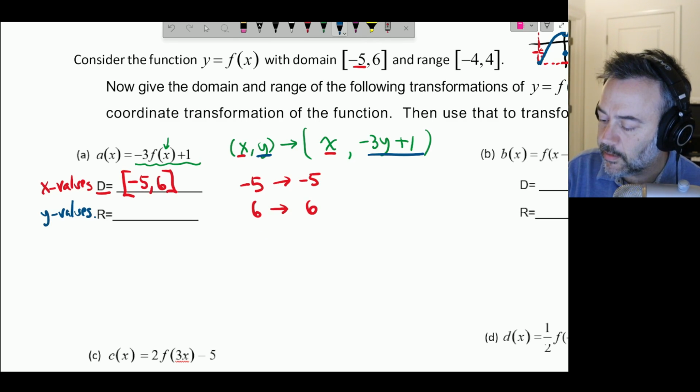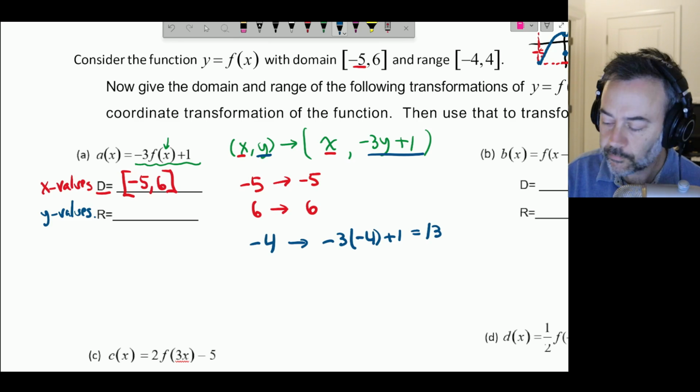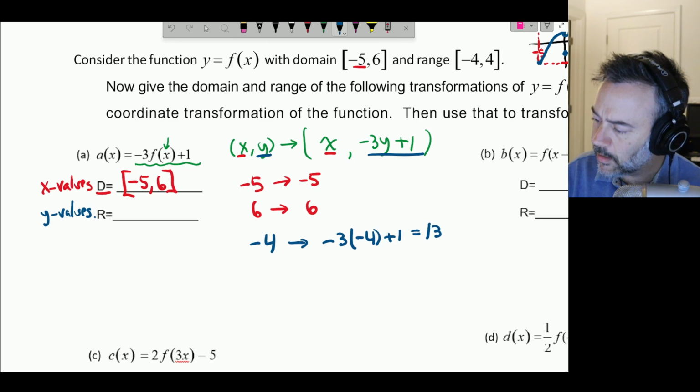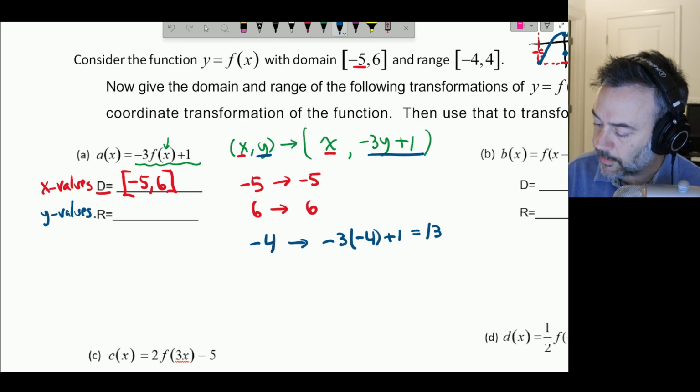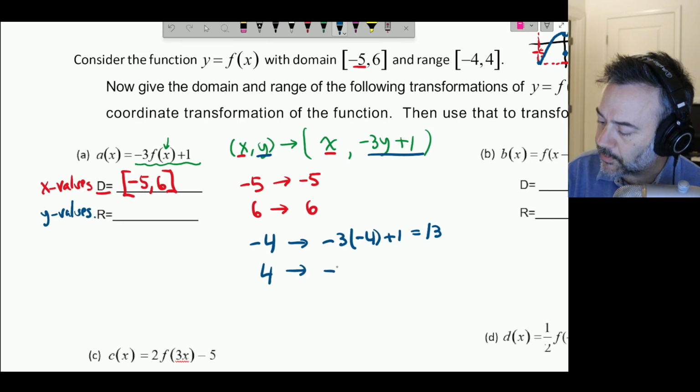Well, the old min of the range was -4, and that's going to become -3 times -4 plus 1, which is 13. Yes, 13, okay. And then 4 maps to -3 times 4 plus 1. So -12 plus 1 is -11.